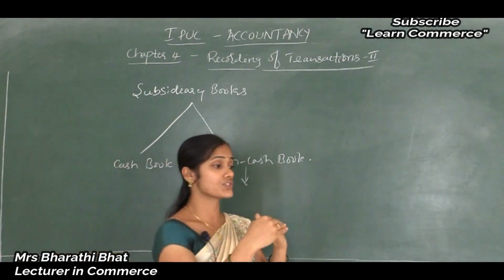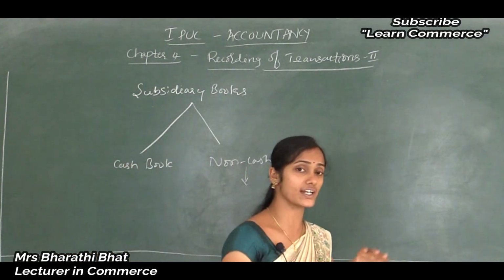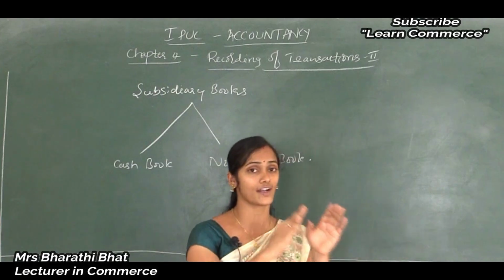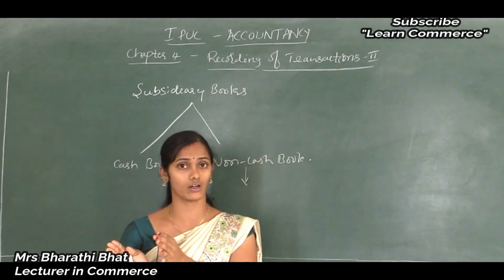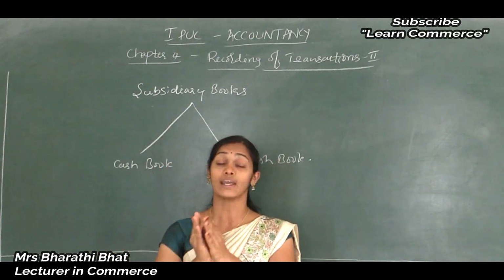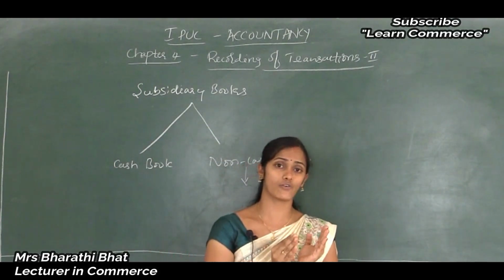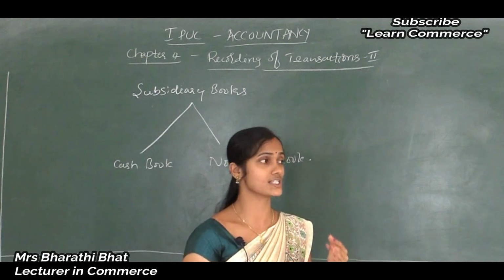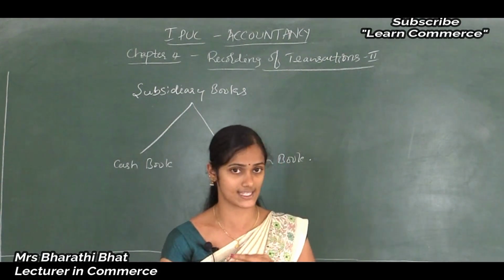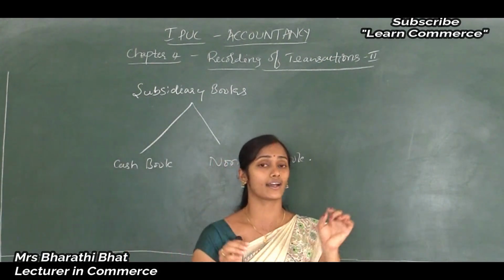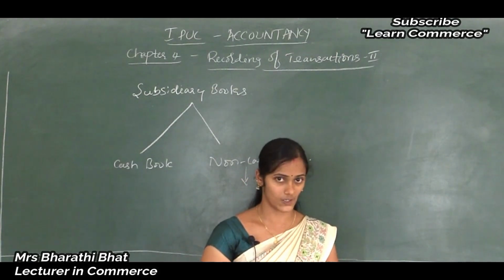And those transactions which cannot be recorded under the subsidiary books are recorded in a separate book called journal proper. In that, usually the sale of a fixed asset on credit is recorded in the journal proper.